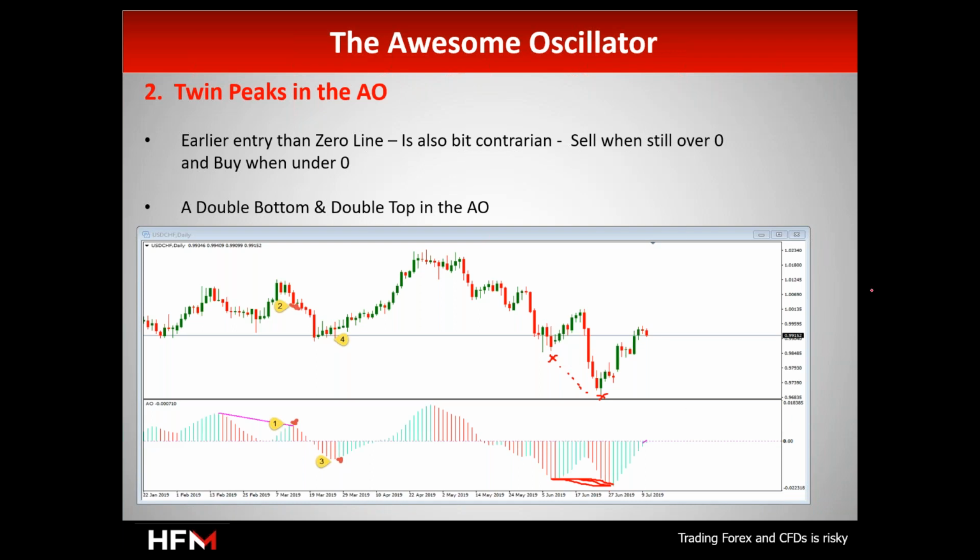First of all, if you identify that your oscillator holds above 0, for example, but by connecting the peaks you can see that the trend line is pointing down, okay? This is a bearish indication.